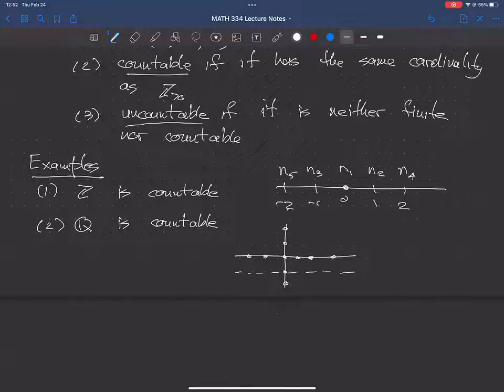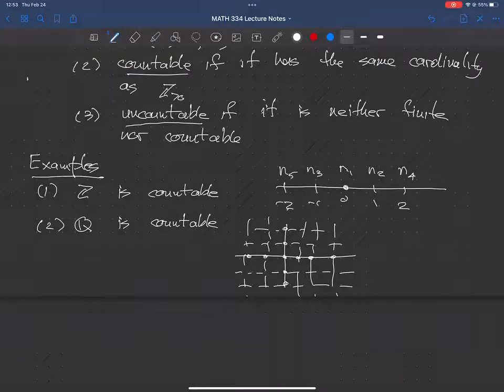I have a grid like so. Okay, so what I'm going to do is walk through this grid, choose some arbitrary but systematic way of walking through the grid.